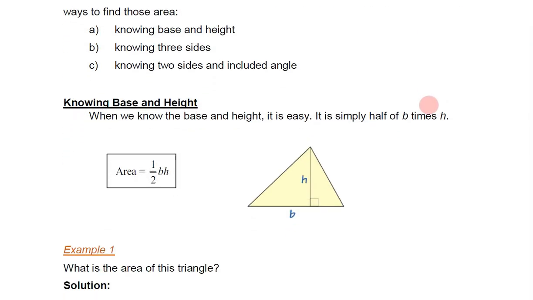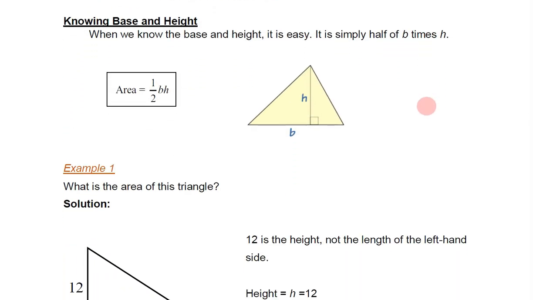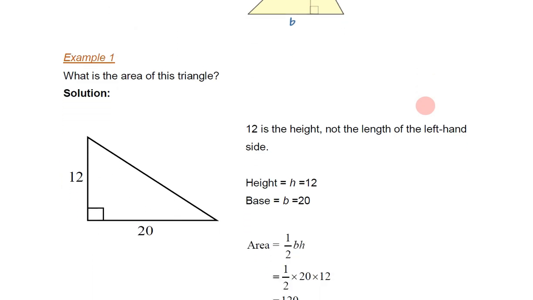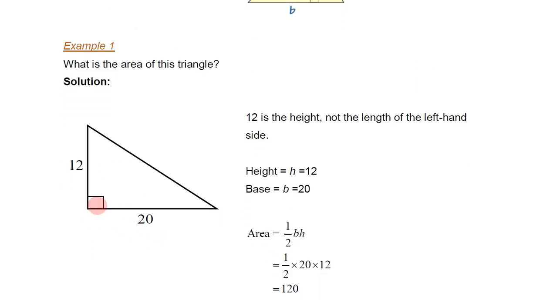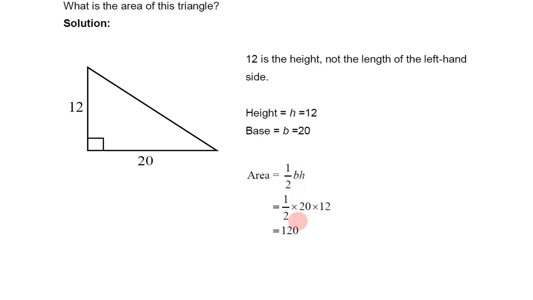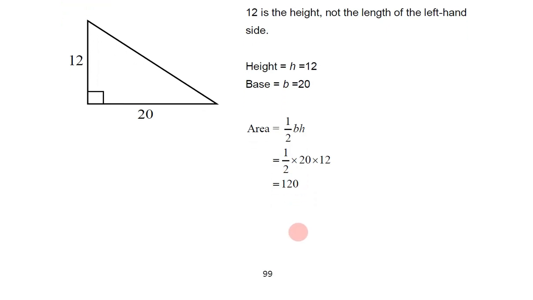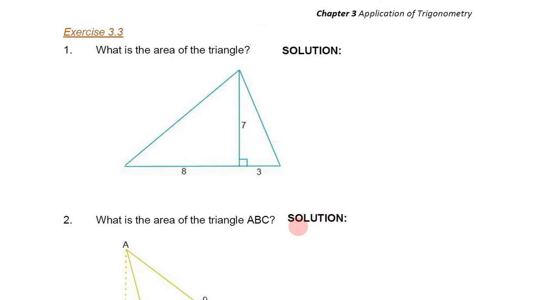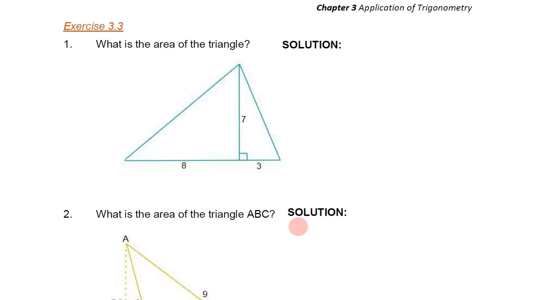Okay, so for example 1, what is the area of the triangle? So we know the height, which is 12, and the base is 20. So we can just use the formula, substitute, and we know the area is 120. Okay, so it's easy. So for the exercise, I just did it directly for you because it's easy, right?